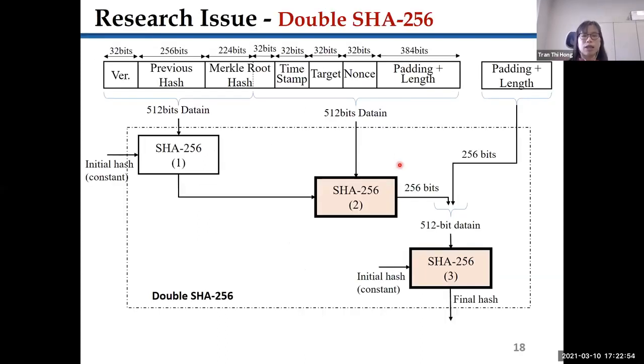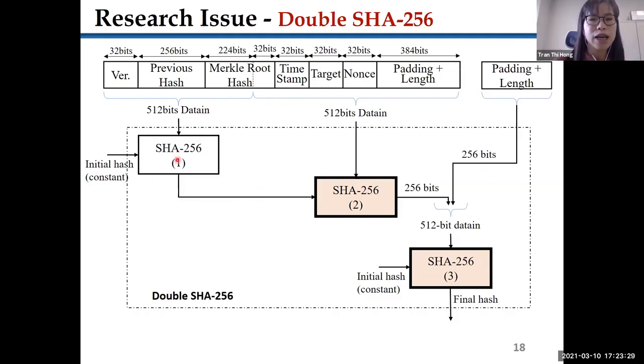Okay, so let's go into more detail about the processing inside the double SHA-256. Now we have the header here. I took this header from the Bitcoin network, but for other blockchain networks, the header is somewhat similar. To run the double SHA-256, it needs 3 blocks of SHA-256.